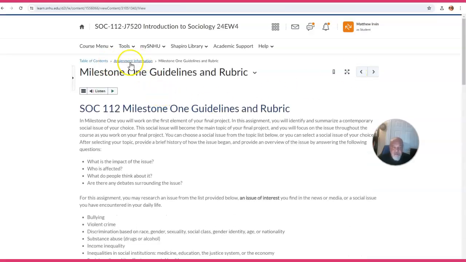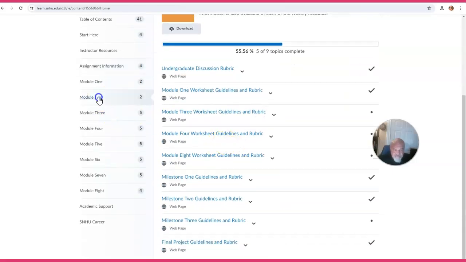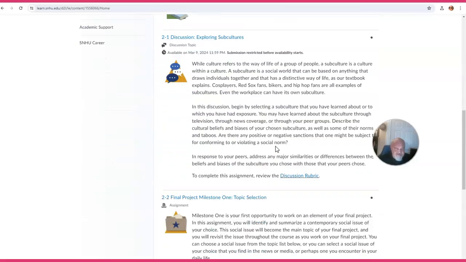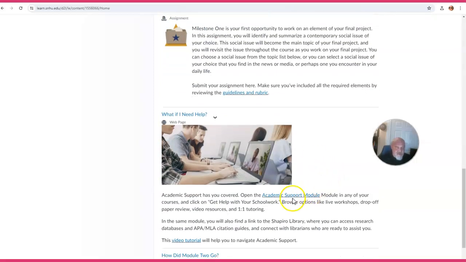Back to our module. Let's see if there's anything more in this module. I do not believe that there is. But please look at these topics. The academic support module: you can get help. You pay for it, okay?